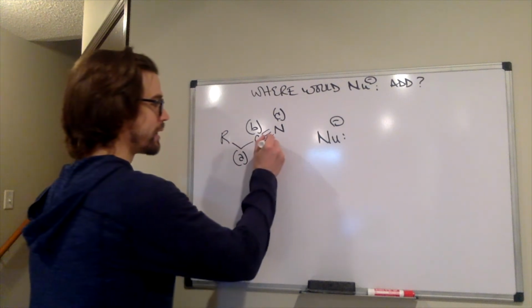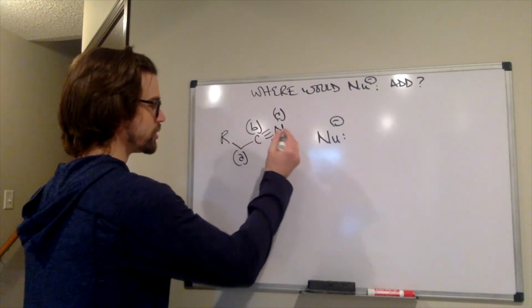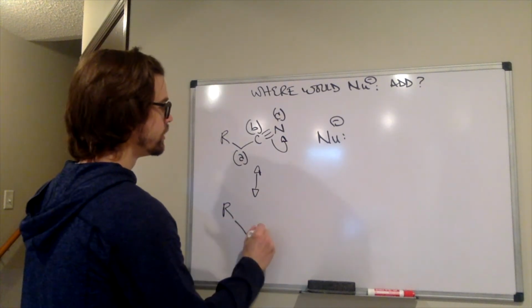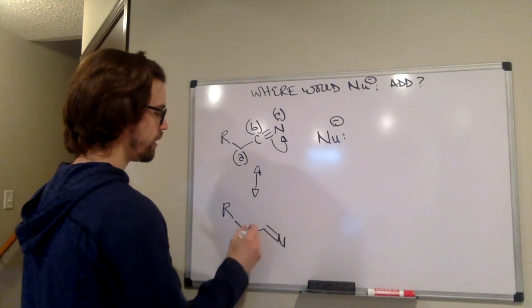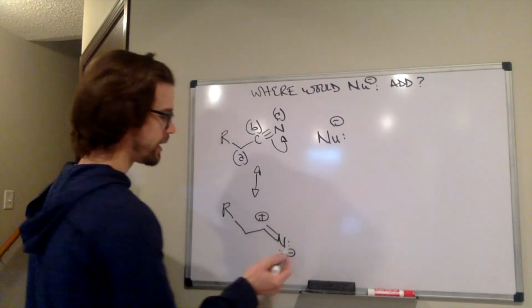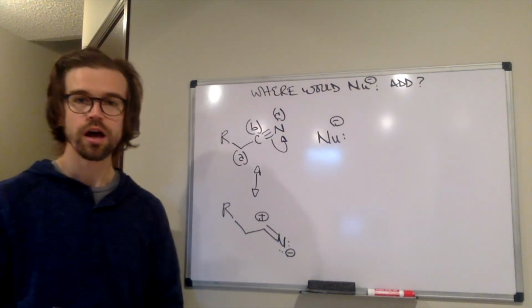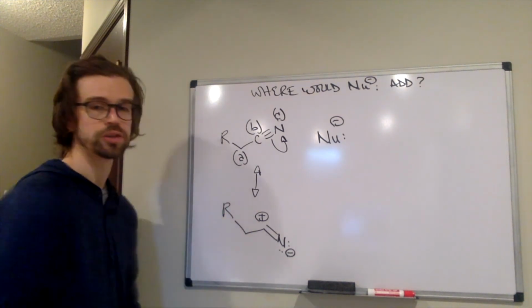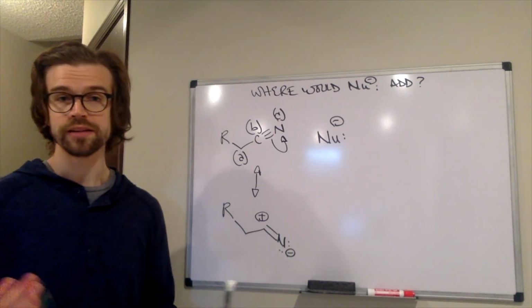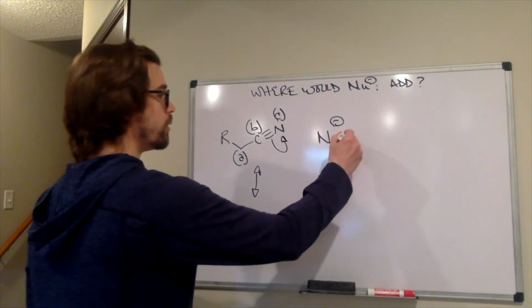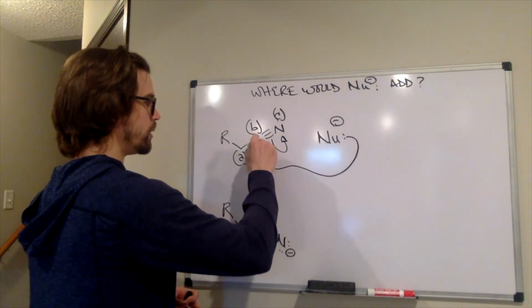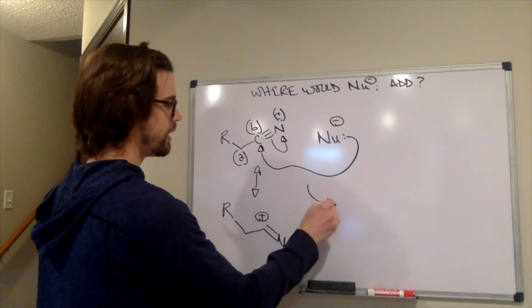We can even back that up further by showing a resonance structure where we demonstrate that there is a lot of positive charge on that carbon attached to the nitrogen, because we can draw a secondary resonance structure showing a full positive on that position. So the nucleophiles do add to position B, so we wouldn't have to draw that resonance structure before we'd draw that adding there. We could just show it adding like that.